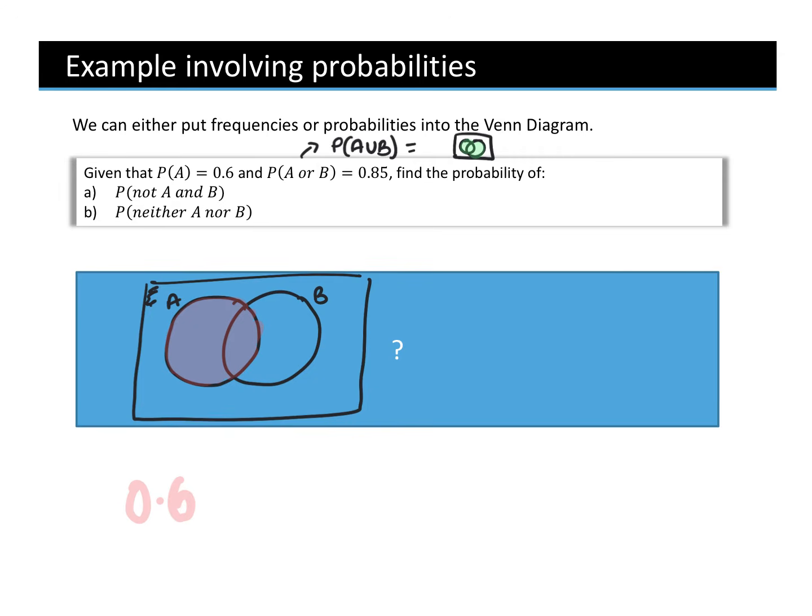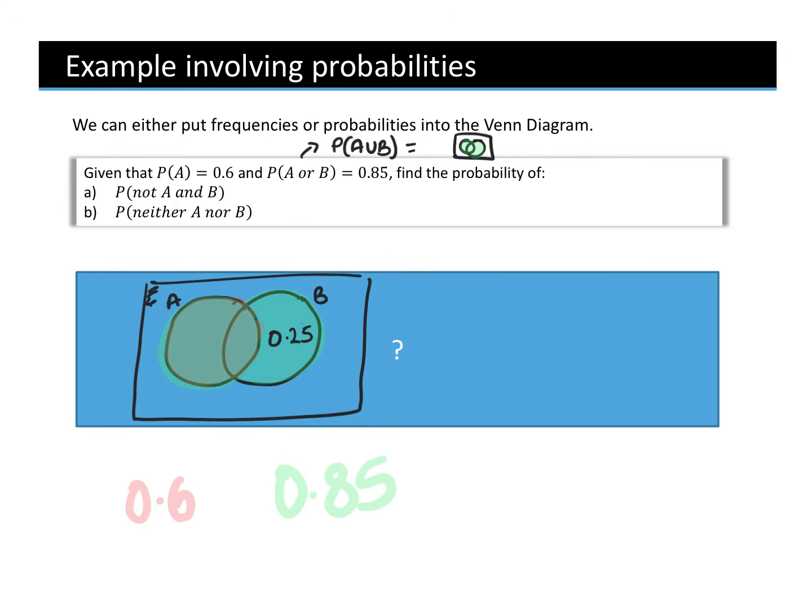So we're saying this whole thing is 0.85. So from that information, what can I definitely deduce? I can deduce that this side of B is 0.25, because I know that A is 0.6, A or B is 0.85.